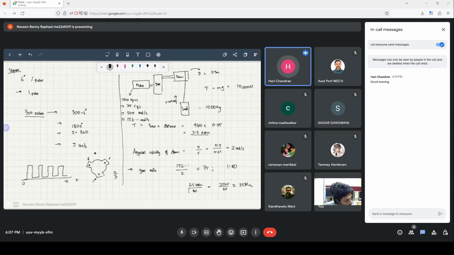If you just know the time elapsed, in this case 10 by 4, then you can figure out the speed of the servo motor, because in this amount of time it has completed 1/3 revolution.